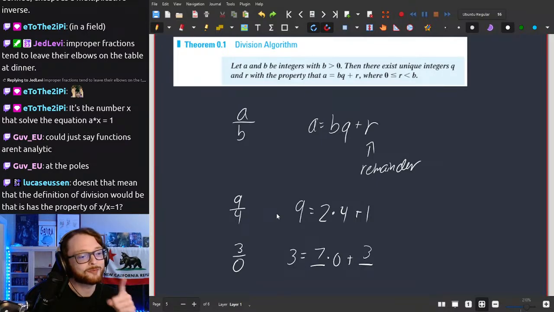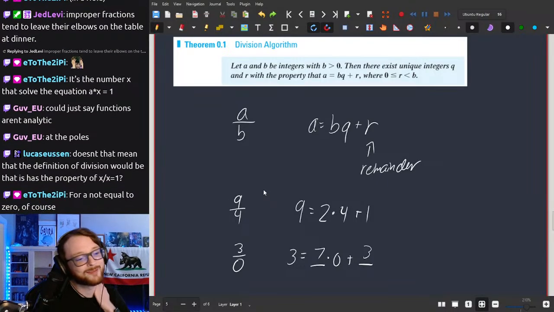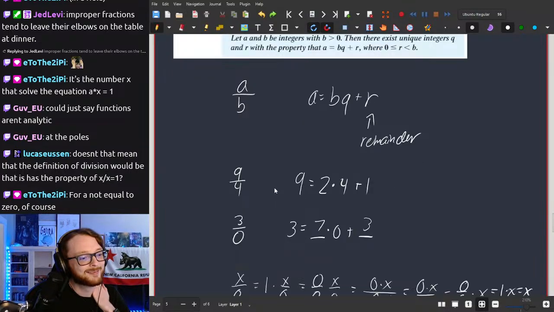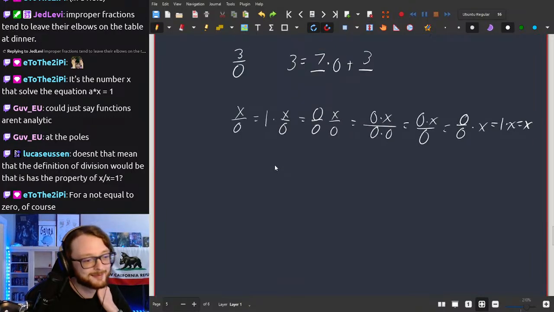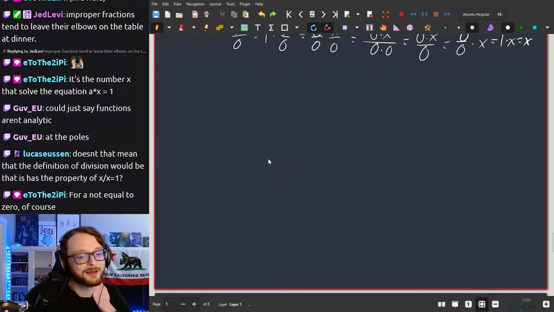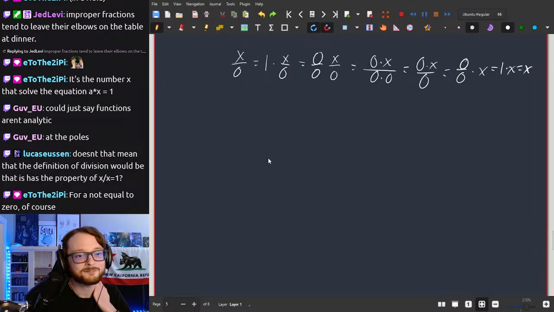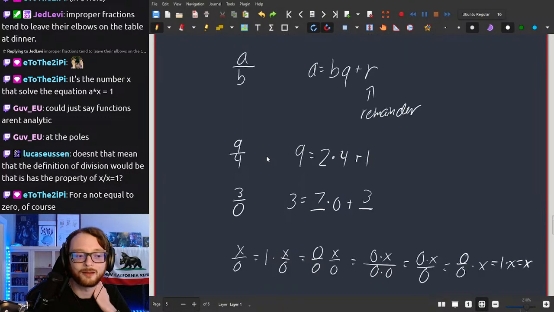Oh, okay, yes, Lucas, that's perfect. It's a number that you divide by to get you back to the identity, except for 0. And that's the sticking point, I guess. Say functions aren't analytic at the poles. Maybe? Um, what's the point that I want to make here?